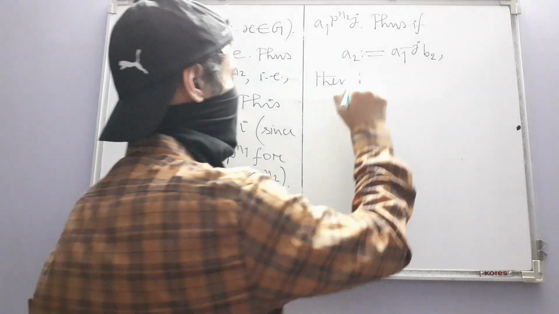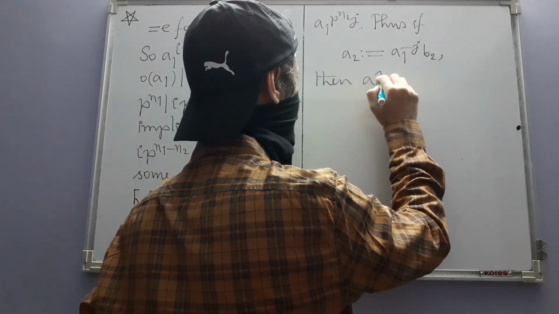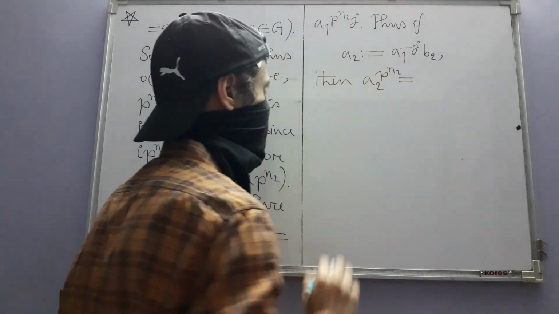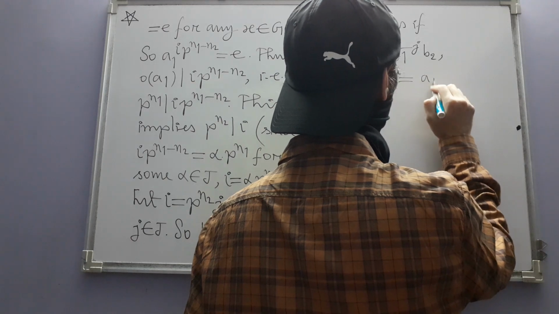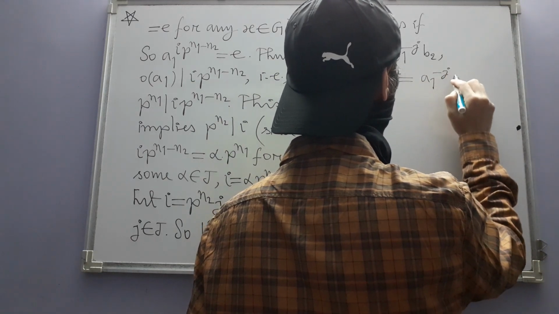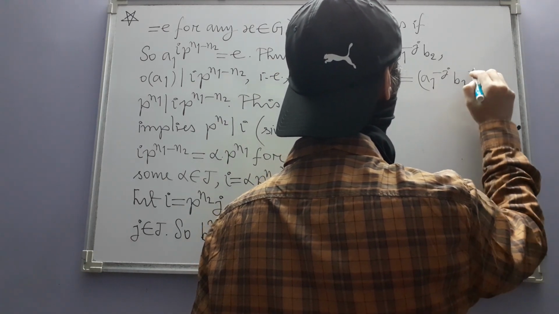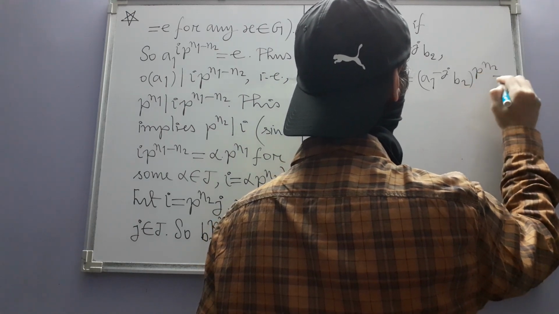Then A2 to the power p to the power n2 becomes what? Let's use the definition of A2: A1 to the power minus j times B2, whole to the power p to the power n2.